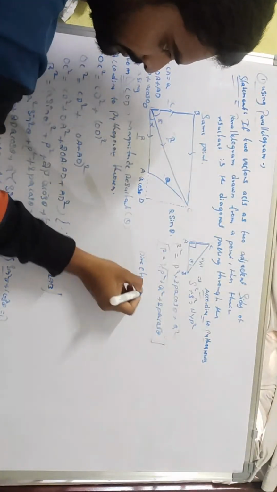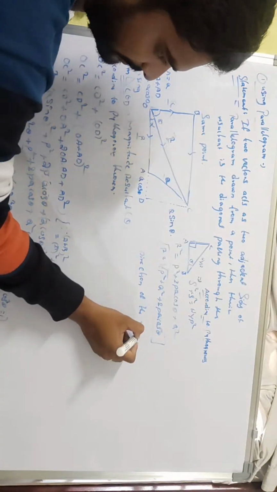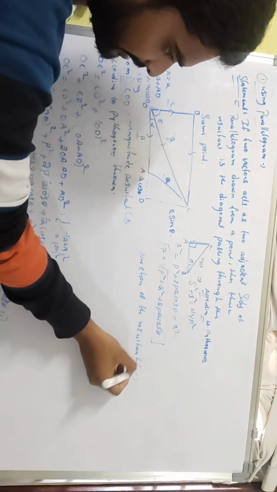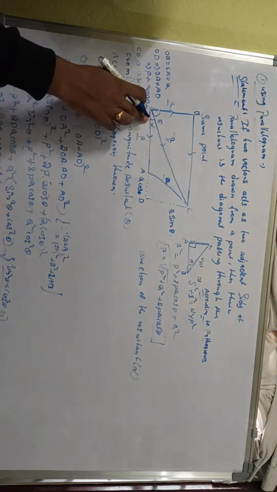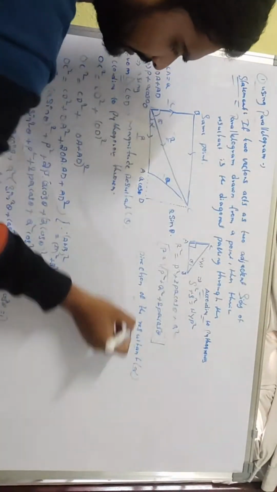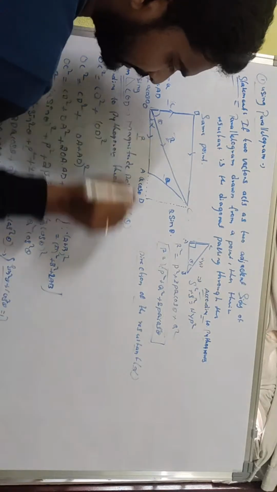Here we take alpha as an angle, and this is the triangle we get. Using the trigonometric properties, theta is replaced with alpha.